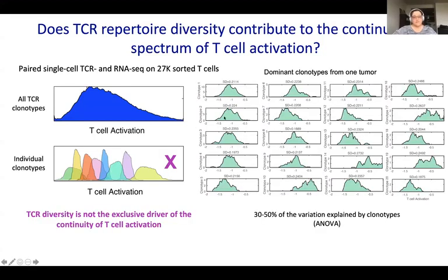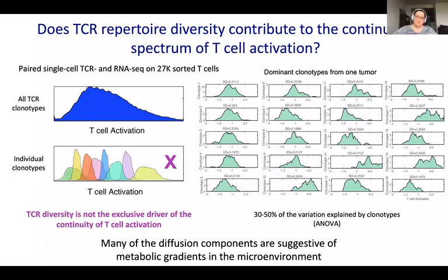And what we saw is, when you limit your data to each clonotype separately, so this blue box is all the T cells together, and these little green boxes are each TCR separately, you see that there are differences. Some TCRs are much more activated than others, but within each clonotype, there is still a very wide range of behaviors, a very wide range of activations, where the TCR can, depending on the patient, we did 3 different patients here, only explain between 30 to 50% of the variance, and the majority of the variance is not explained away by the TCR.